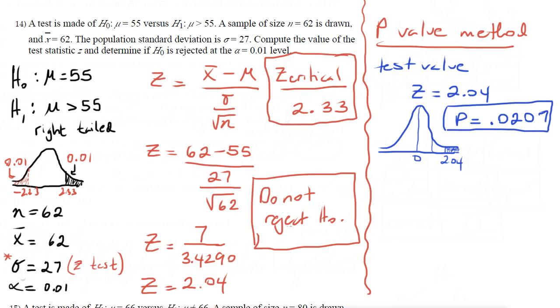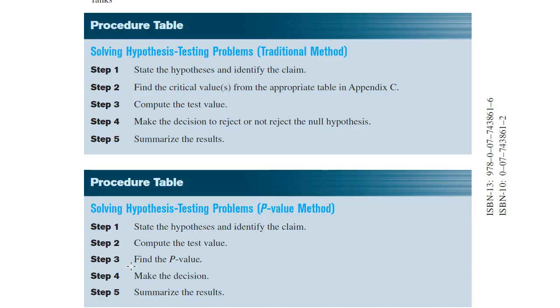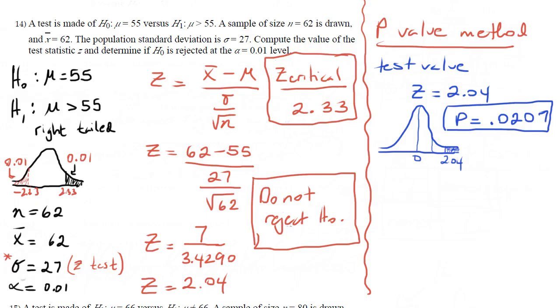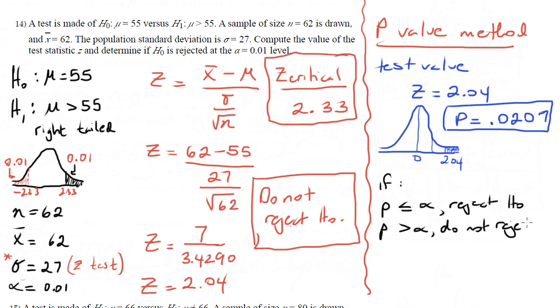So now the deliberation. We've gotten our p-value, and now we're ready to make our decision. Decision is if p-value is less than or equal to alpha, reject the null hypothesis. If p is greater than alpha, do not reject the null hypothesis.